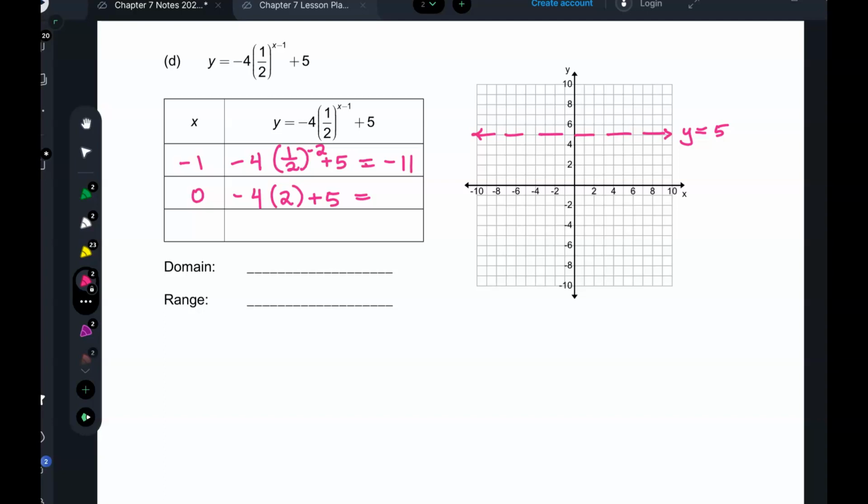So that'll be -8 plus 5, which is -3. Good. Anytime you have a negative exponent, you take the reciprocal. So 1/2 to the -2 is 2 squared, which is 4. So -4 times 4 is -16, plus 5 is -11.